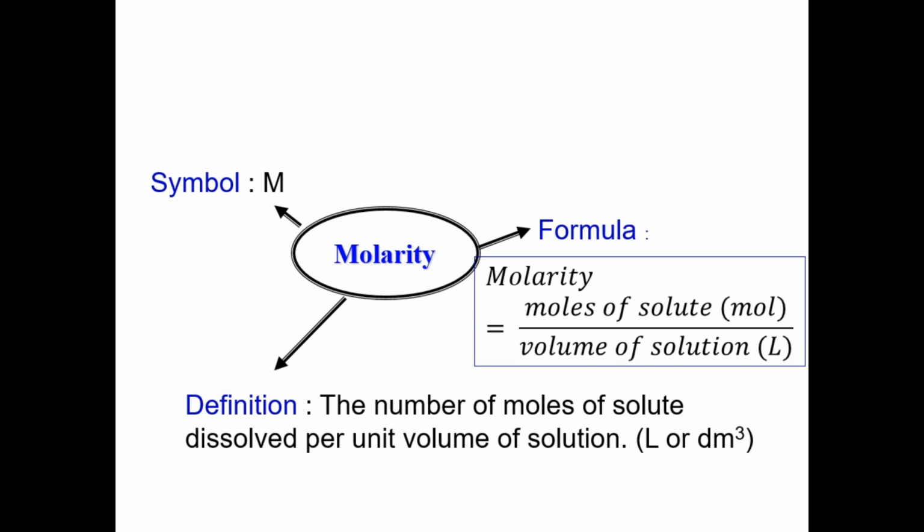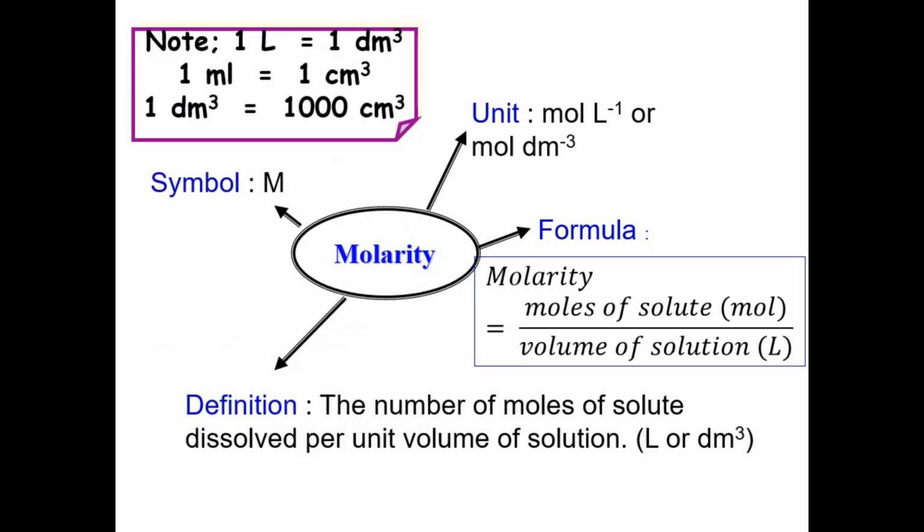The unit for molarity is mole per liter or mole per decimeter cube. Tips to convert the unit of volume: 1 liter equals 1 decimeter cube, 1 ml is equivalent to 1 centimeter cube, and 1 decimeter cube is equivalent to 1000 centimeter cube.